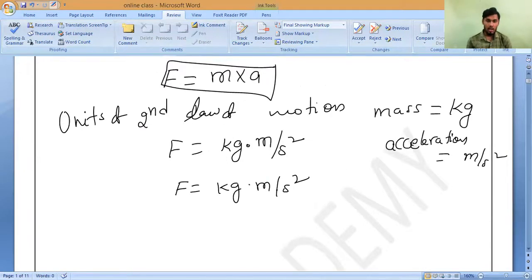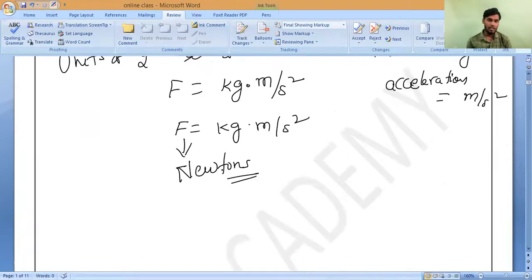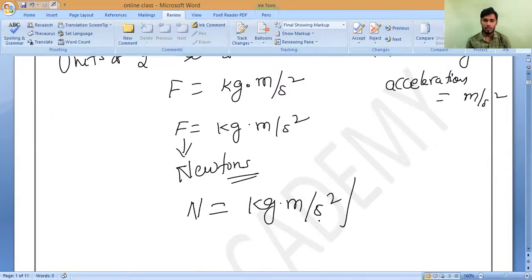That is the unit of Newton's second law. And as well as we know, what is the unit of force? Force is measured in Newtons. Is it yes or no? So I can write Newton is equal to kilogram meter per second square. This is the unit of Newton's second law of motion. All of you should note it down.